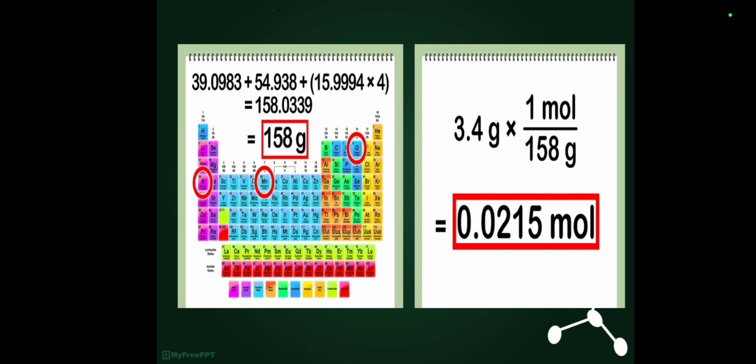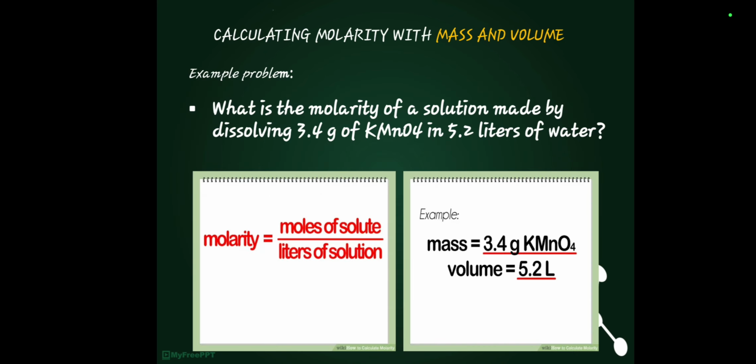So 3.4 divided by 158, the answer would be 0.0215 mole. Okay? I hope you get the point. So the difference between the two examples is that here, we're looking for the molarity of a solution from the given dissolving object.